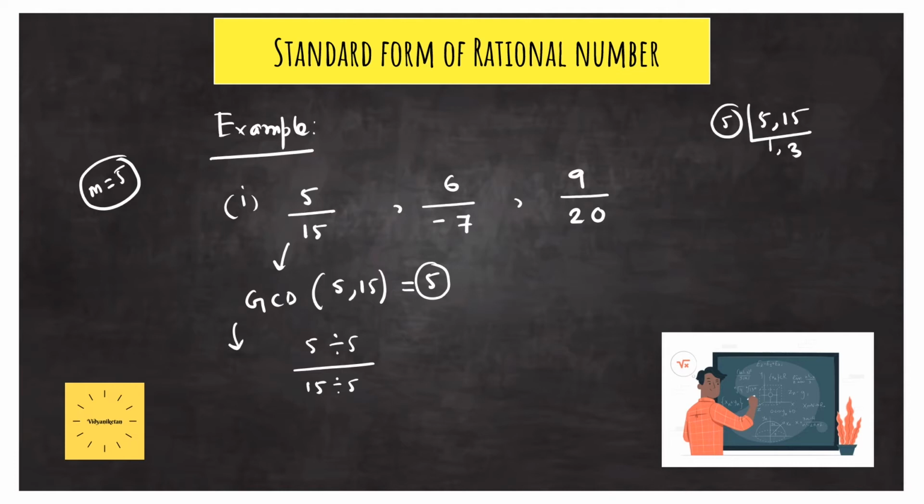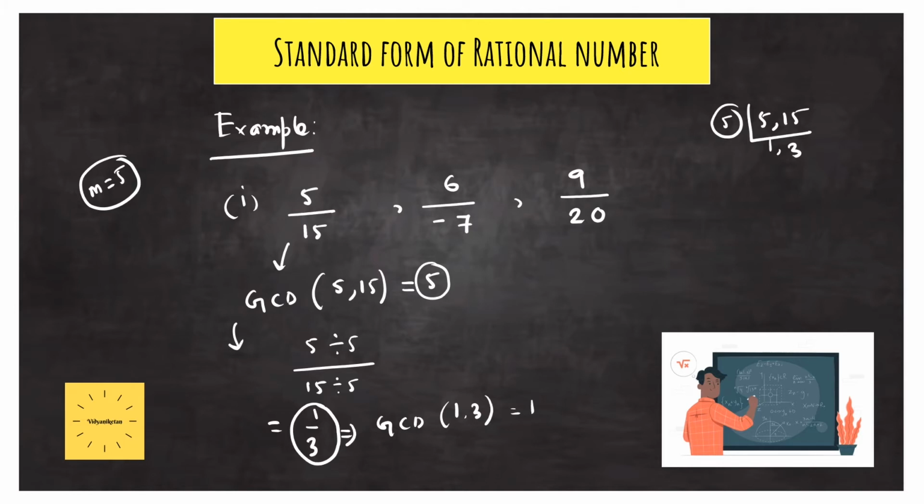So obviously 5 is the GCD, that's why it is a divisor of numerator as well as denominator. Now from here, we can write 1 by 3. Now again check the GCD of 1 comma 3. So GCD of 1 comma 3 is basically 1. So now it is in the standard form.